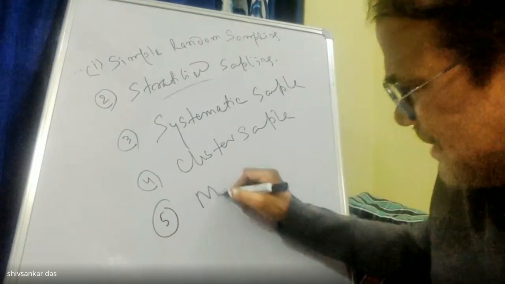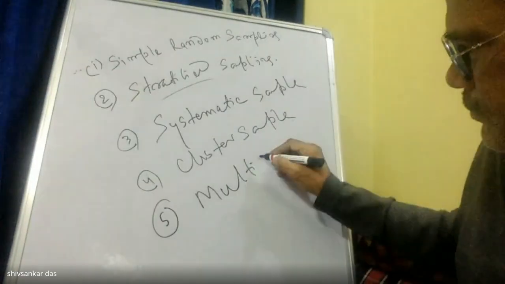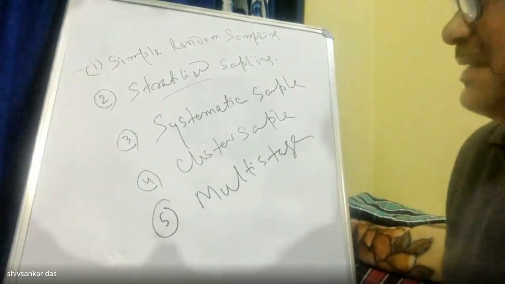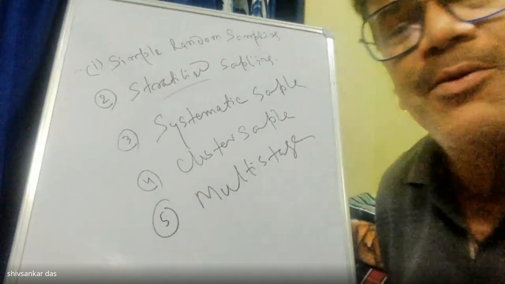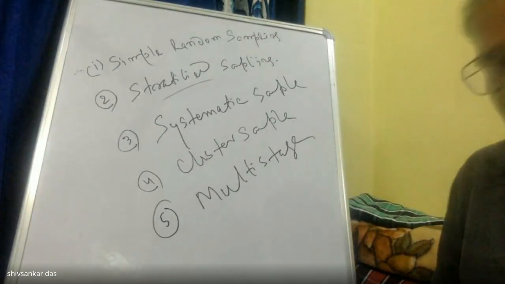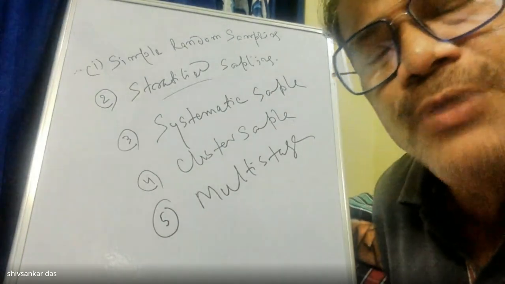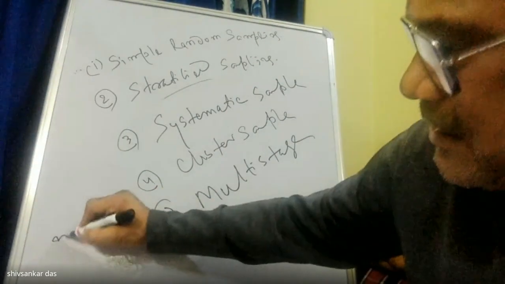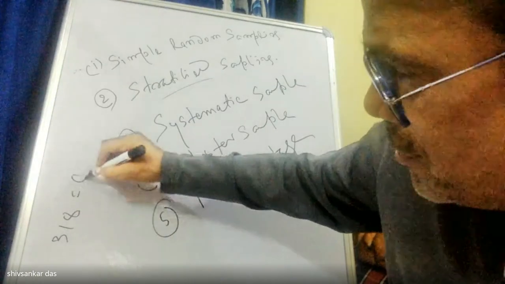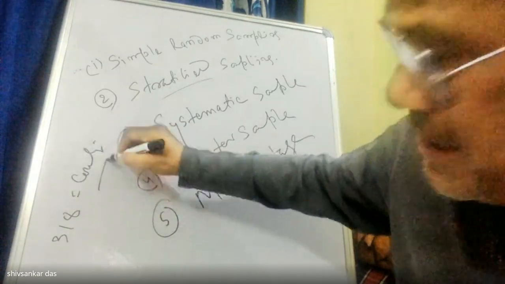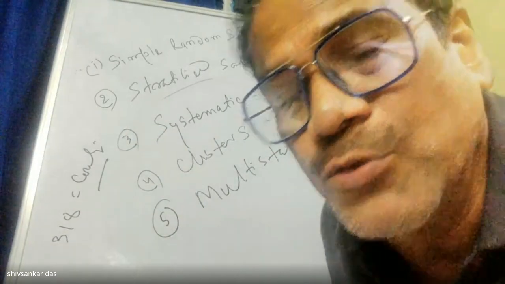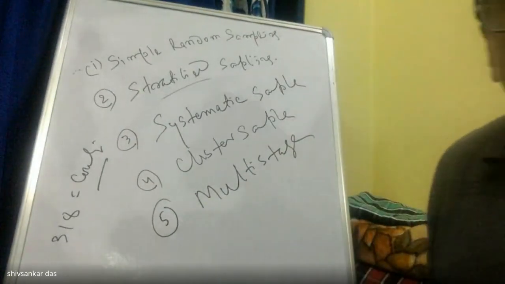Then multi-stage sampling. In India, we use multi-stage sampling in government surveys. Suppose 318 districts in this country are to be covered initially for COVID vaccination.